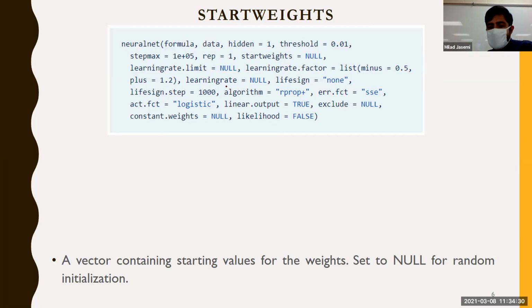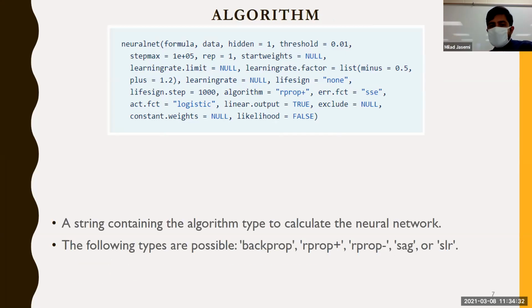And we get to algorithm. Algorithm is the software of the neural network. It is what pure computer scientists and pure mathematicians work on, and they come up with algorithms.